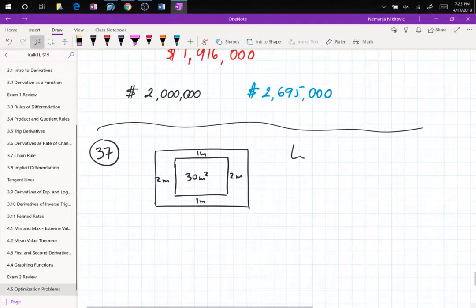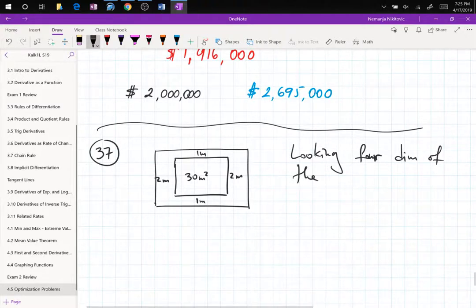So, looking for dimensions of the pool to minimize area of all.